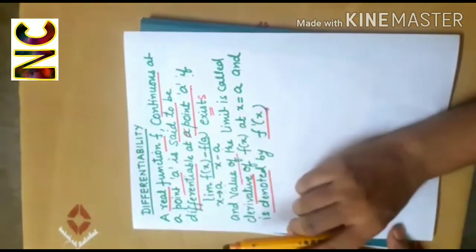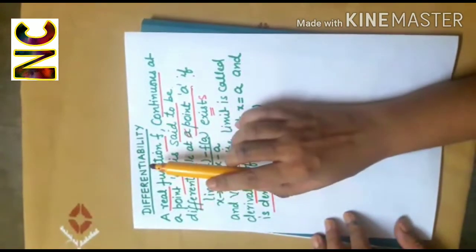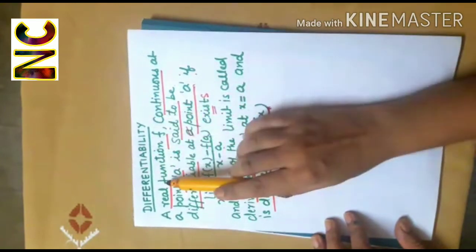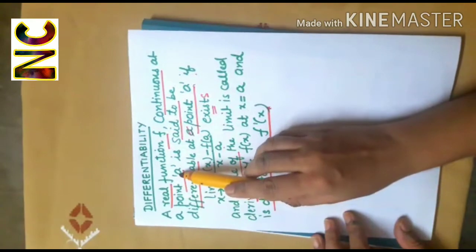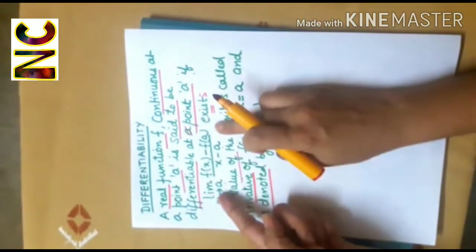Now look here. In the definition we have written that a real function f continuous at a point a is said to be differentiable if this limit exists.